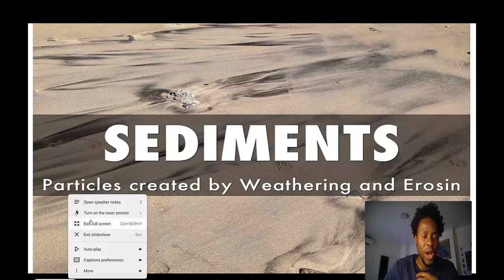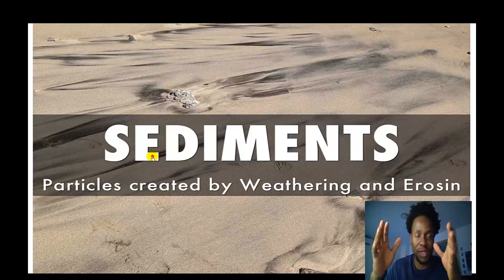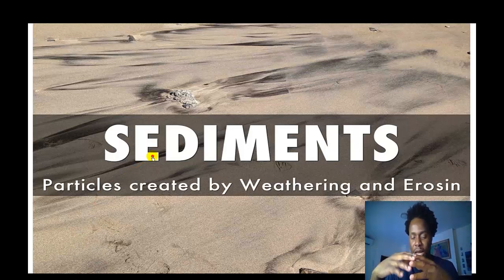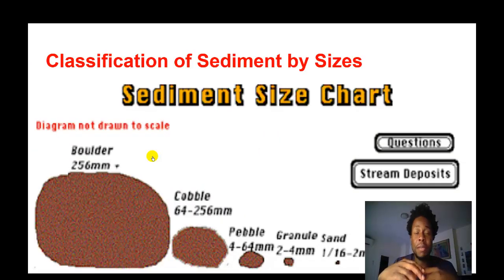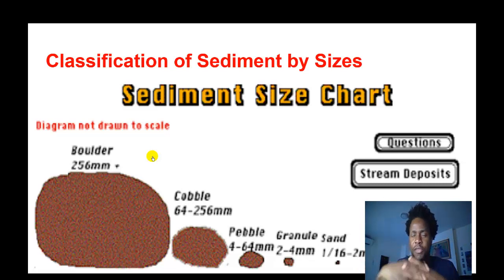All right. So as you know already, sediments are pieces of rocks, produced by weathering, of course. And sediments can be classified using various yardsticks or criteria. The first criteria I want to look at is sizes.